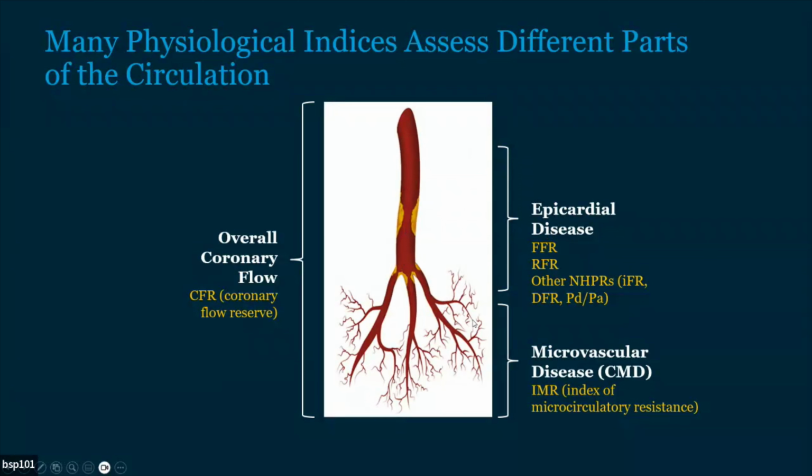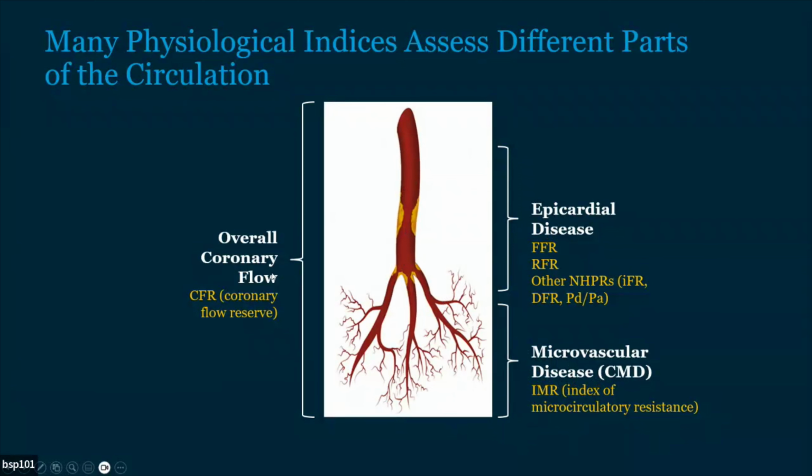And then we now have technology and software to calculate an index of microvasculatory resistance, also known as IMR. Normal IMR is less than 25. If your IMR is above 25, that indicates that you have resistance, disease in the small vessels of the heart, and that could be contributing to the patient's symptoms.